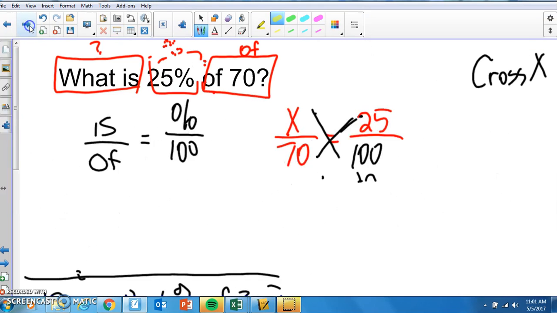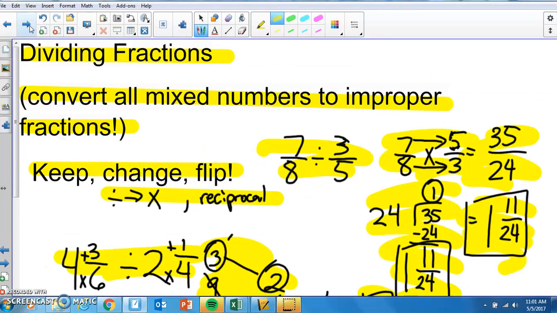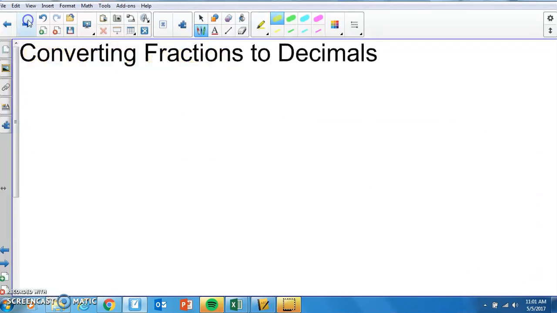And then we did some examples there, and then got to adding and subtracting fractions, which is our 4th major area. And then dividing fractions, let's actually go ahead and label this 5. So this will be the 5th thing in our packet. And then this is going to be our 6th thing, converting fractions to decimals.